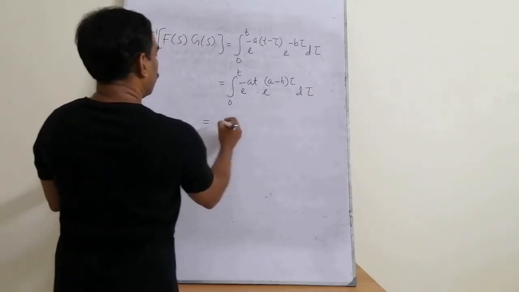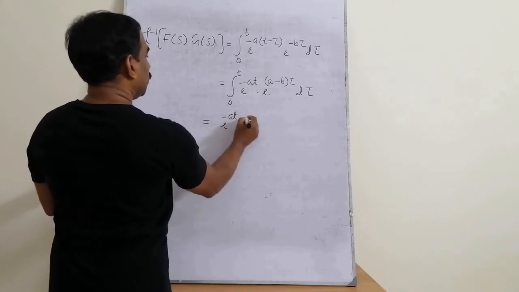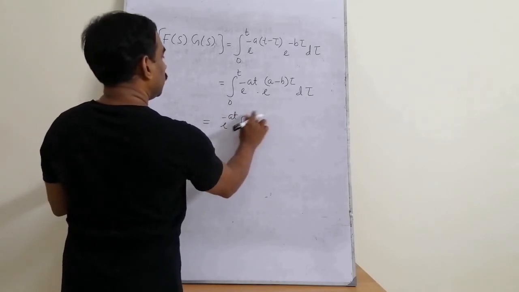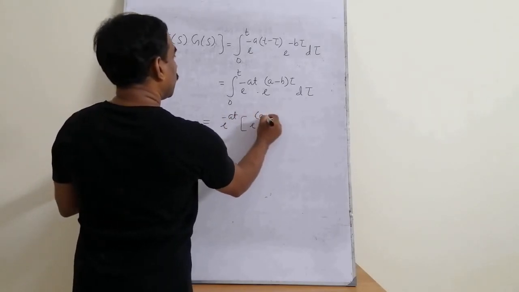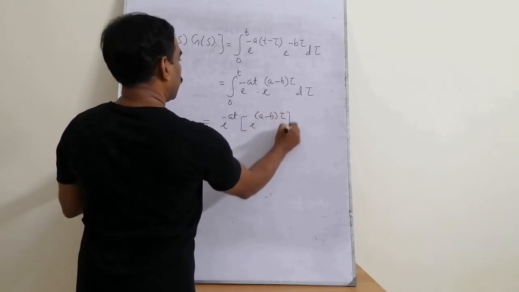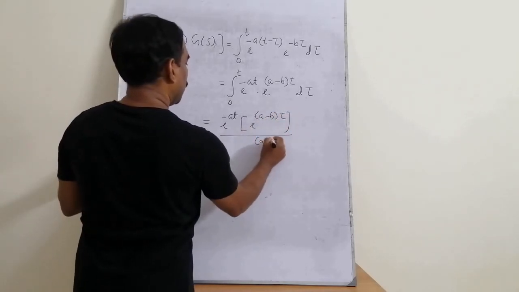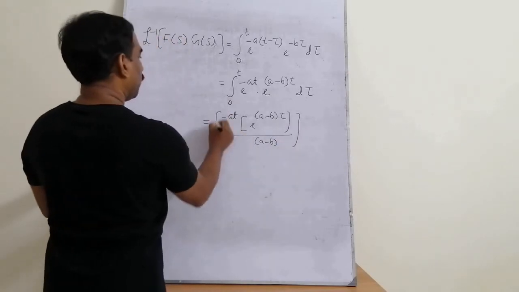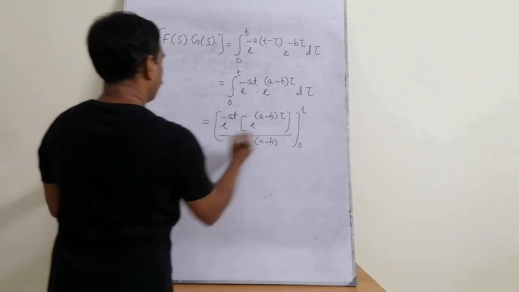Now integrating with respect to tau, we have e raised to minus at into e raised to (a minus b) tau divided by (a minus b), with the complete expression within the limits 0 to t.